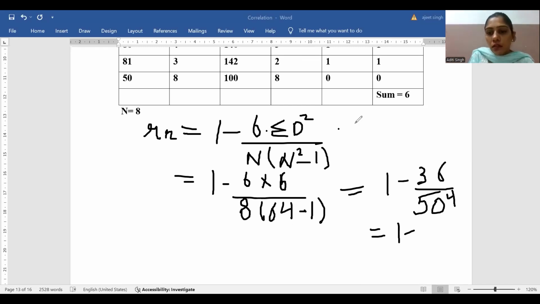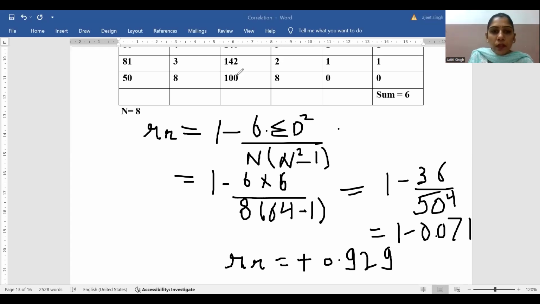It is 0.071. So the value of R is equal to plus 0.929. Okay.